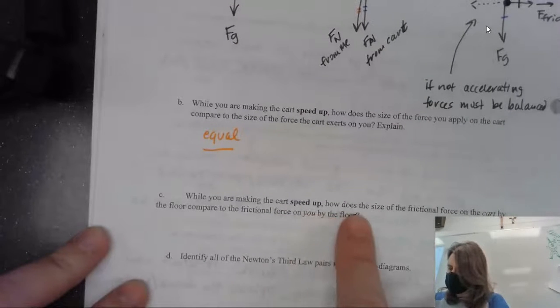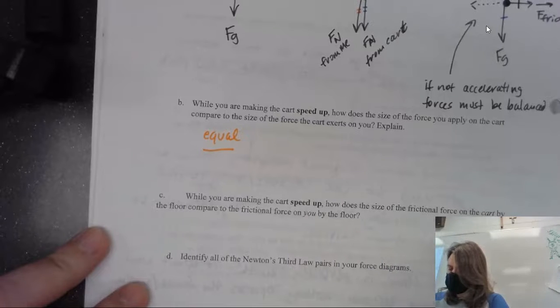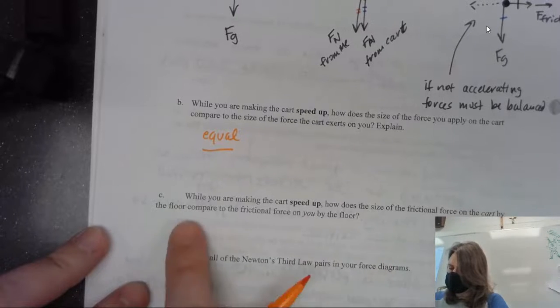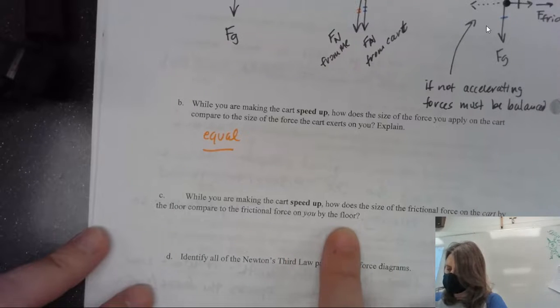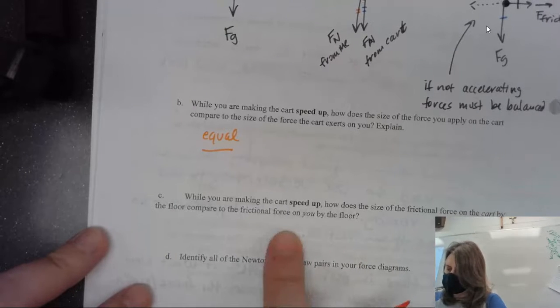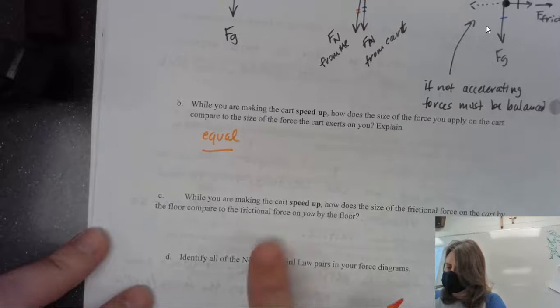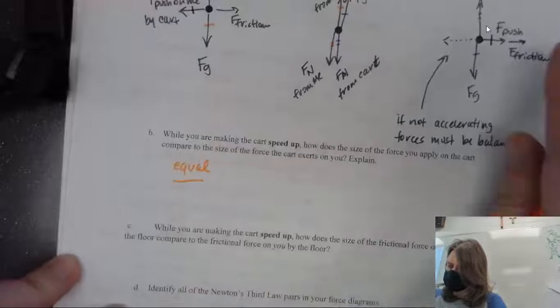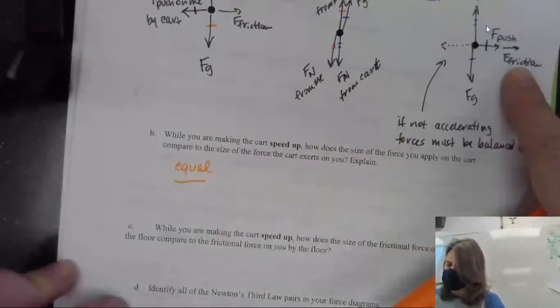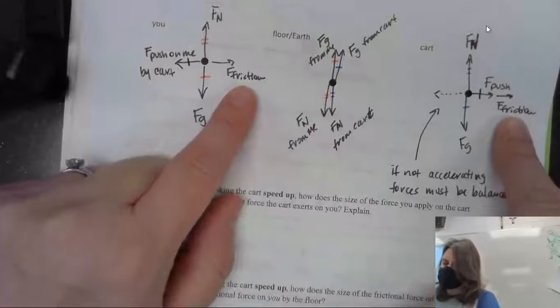How does the size of the frictional force on the cart by the floor compare to the frictional force on you by the floor? What do you guys think about that one? Force on the cart by the floor. So we've got friction, compared to the frictional force on you by the floor. Do they have to be the same?